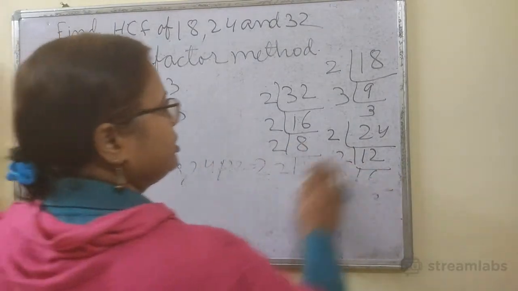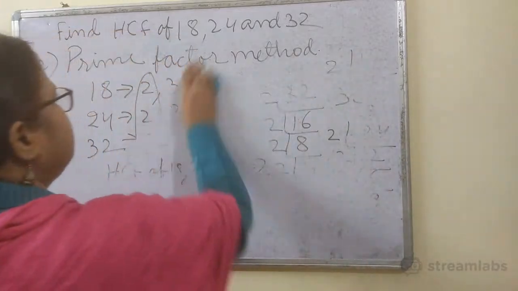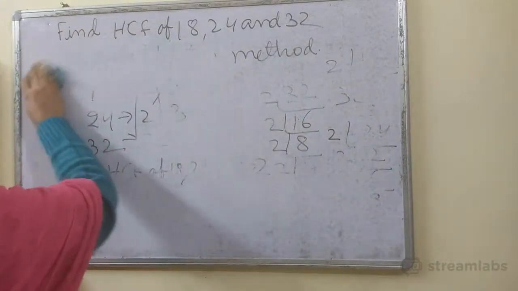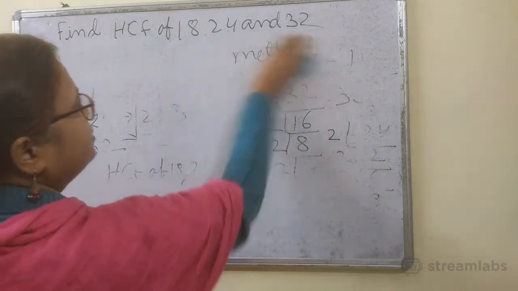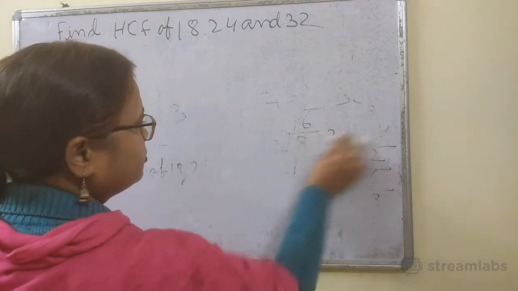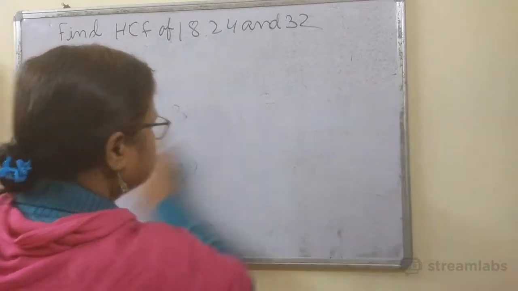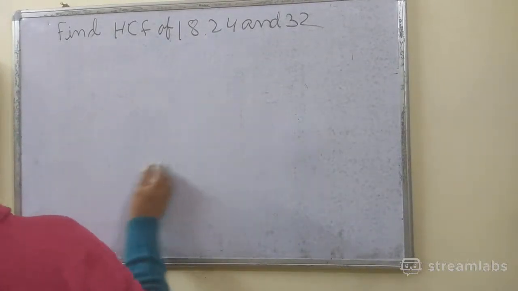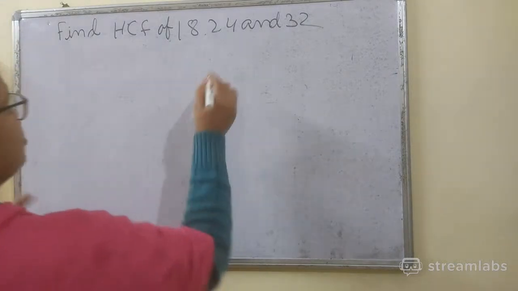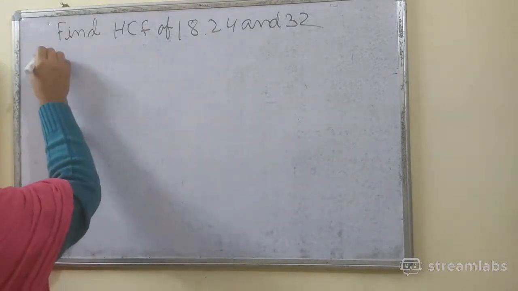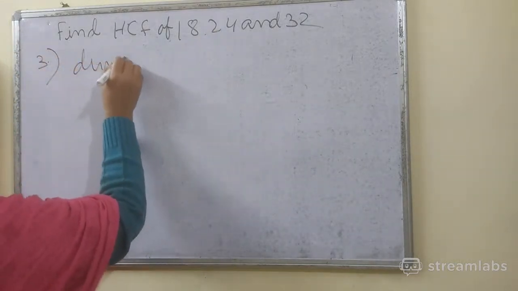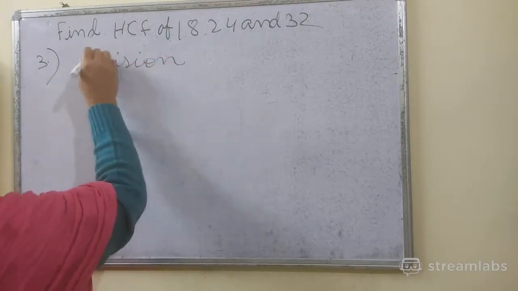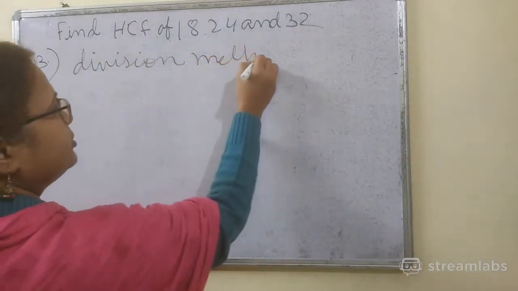Now next, third method. What is that third method? Yes, common division method or simply division method. So division method. Third method is division method.